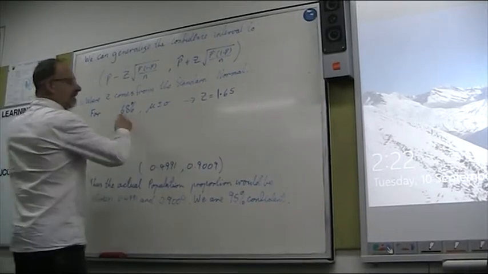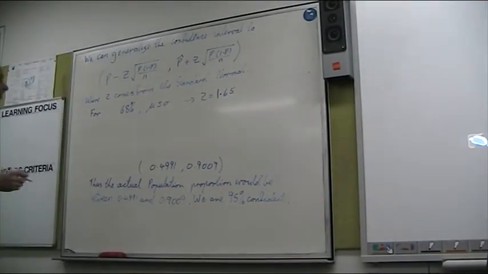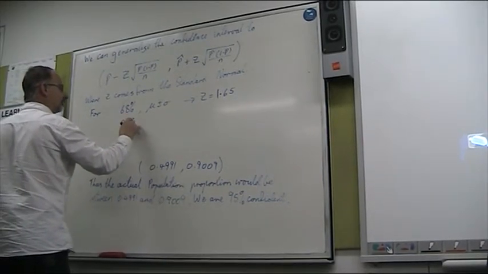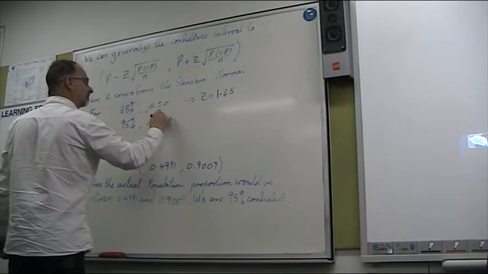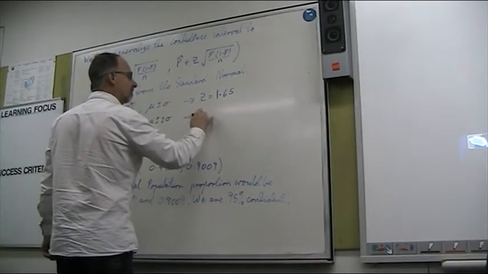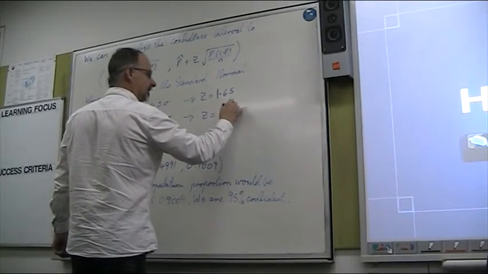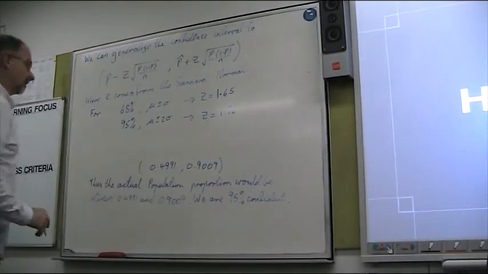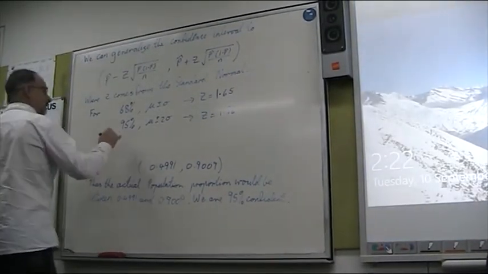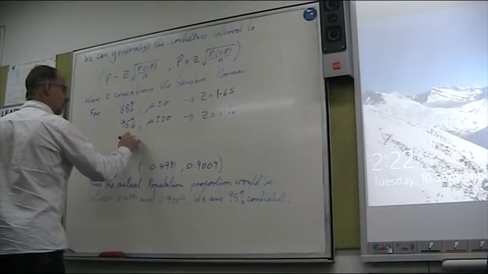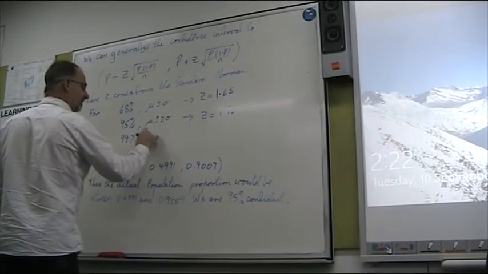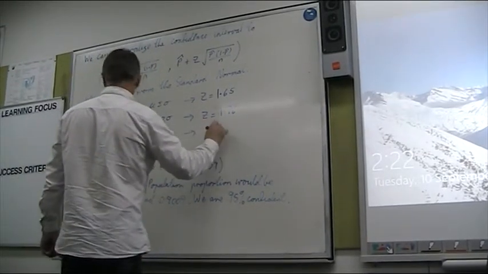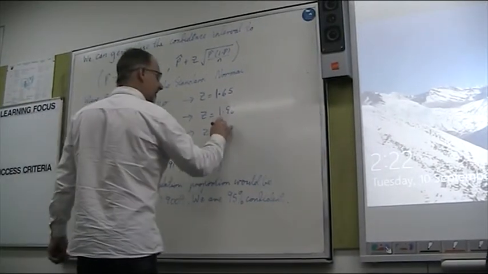So it should be in your bound reference. So 68%, 95% is the one we've just done, and that's 1.96. And the 99.7% one is the 3 standard deviations, and Z for that is 2.58.